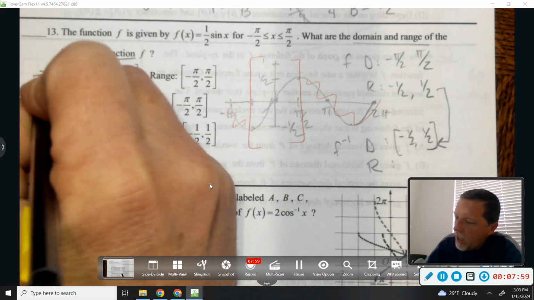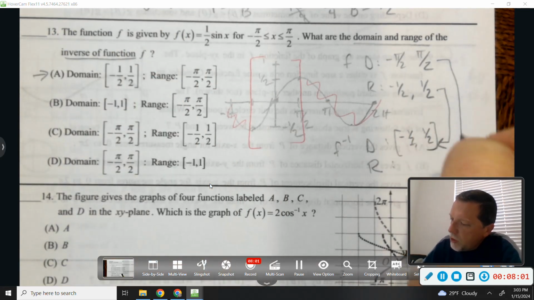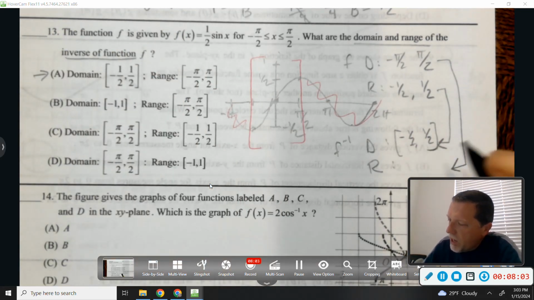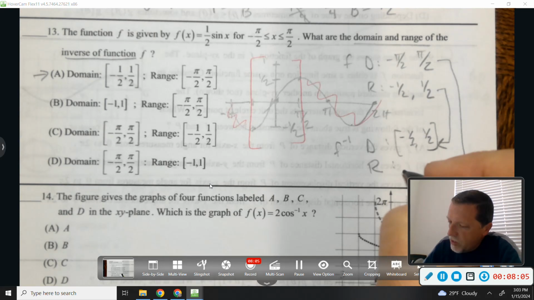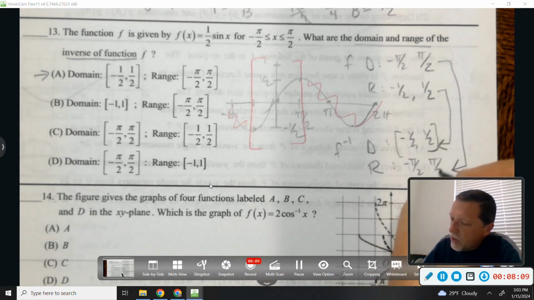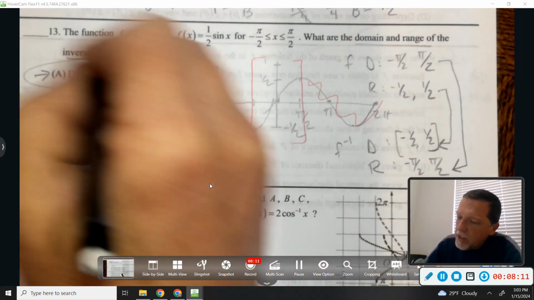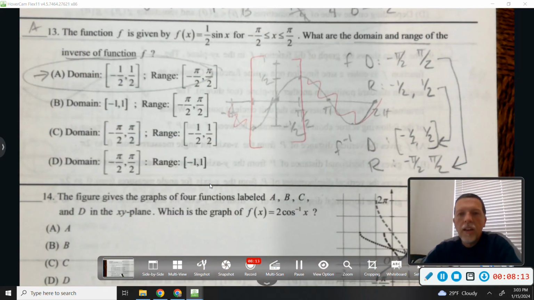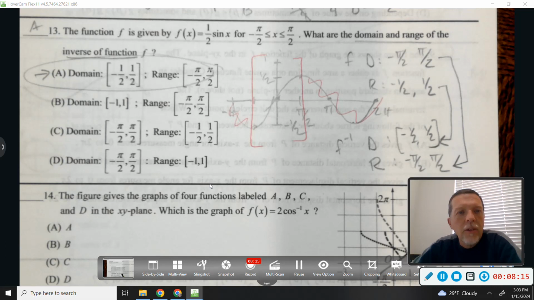That looks like A. The domain of the original becomes the range of the inverse. So negative pi over 2 to pi over 2. So that looks like A. So that was kind of a tricky one there, but you had to know about x and y trading places.